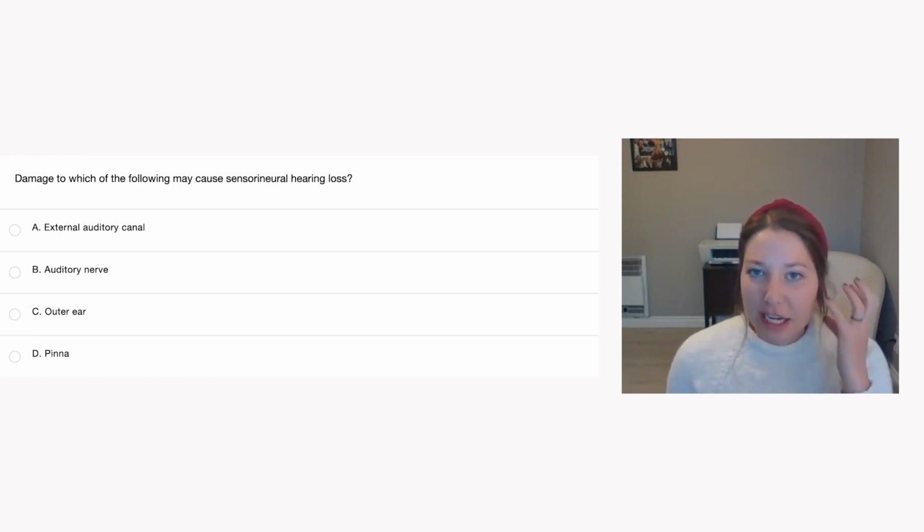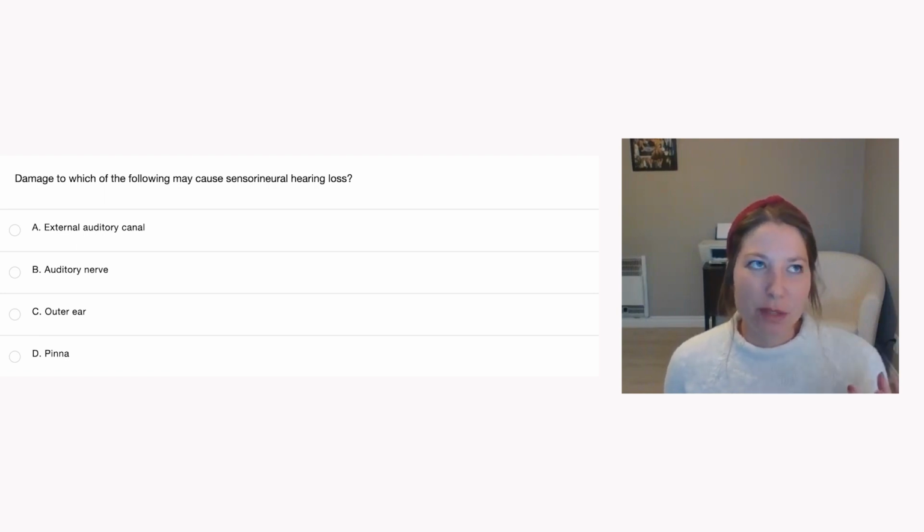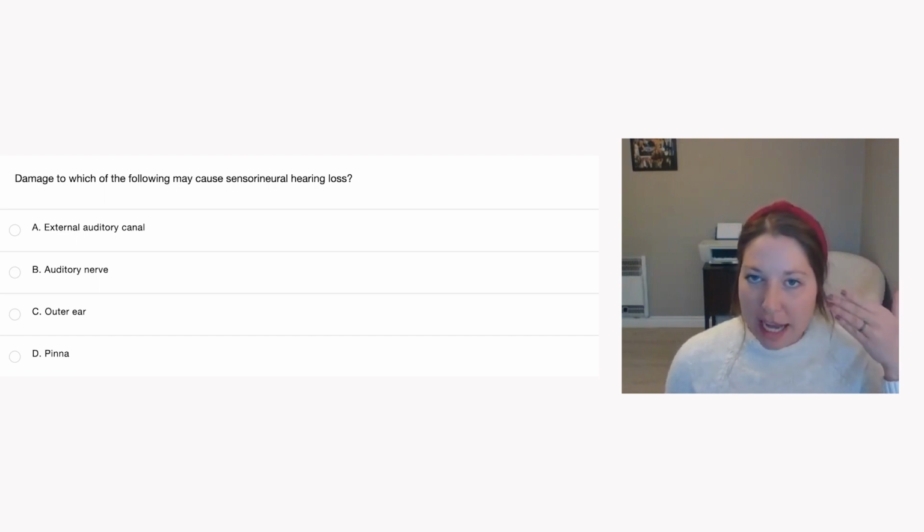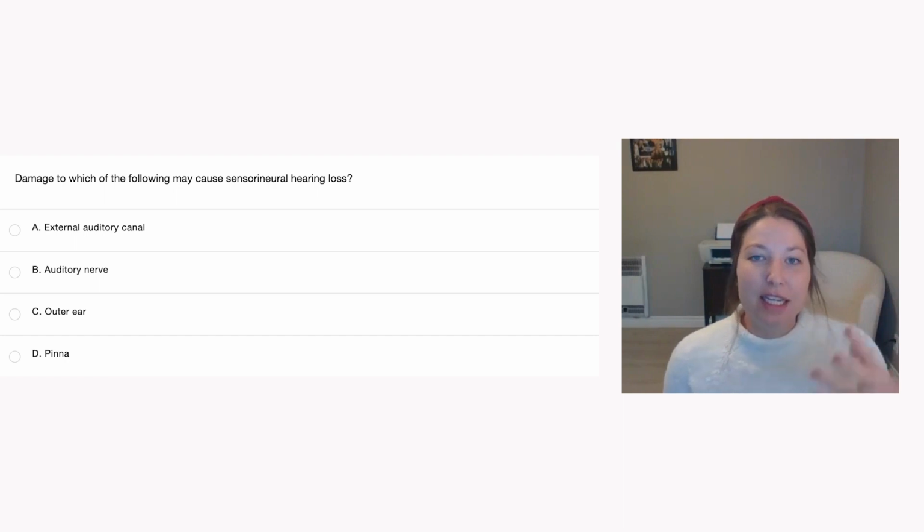This is how I like to think of it, especially with ear anatomy. Your ear is kind of the funnel. The external auditory canal is funneling everything to the nerve. If something's wrong with the funnel, the information from sound is not going to be conducted through the ear.